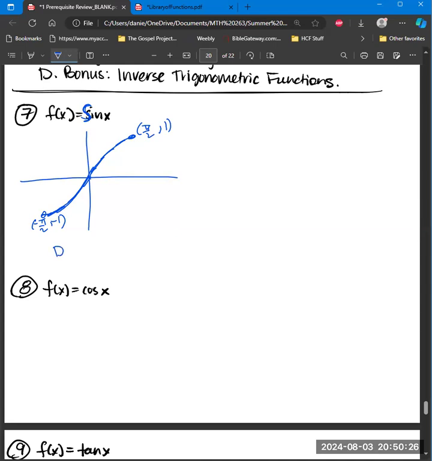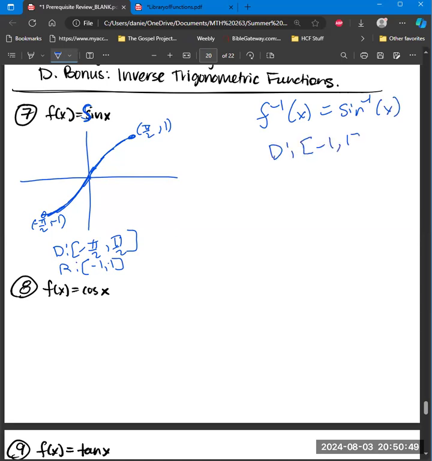Right now, the domain of this is negative pi over 2 to pi over 2, and the range is negative 1 to 1. So when we find the inverse, f inverse is going to be sine inverse of x, and it's going to have a domain of negative 1 to 1 and a range of negative pi over 2 to pi over 2.